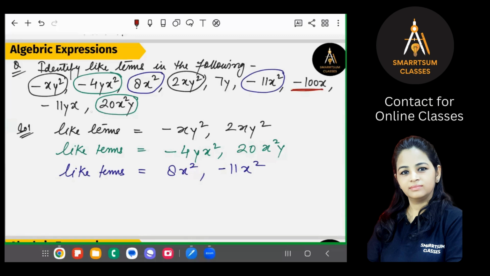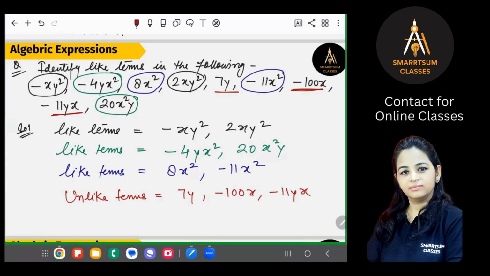No, we do not have, right? Here we have y and x, right? So for these three terms, we do not have any set of like terms along with them. So these are all unlike terms. So you can write down unlike terms: 7y, minus 100x and minus 11yx. So these are all unlike terms.